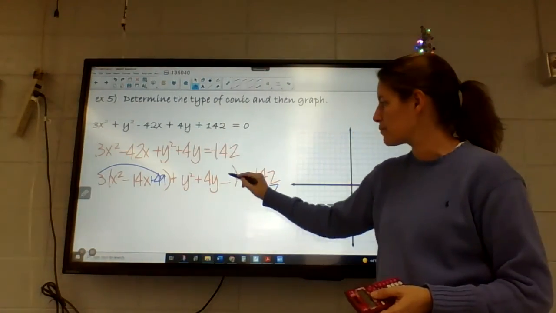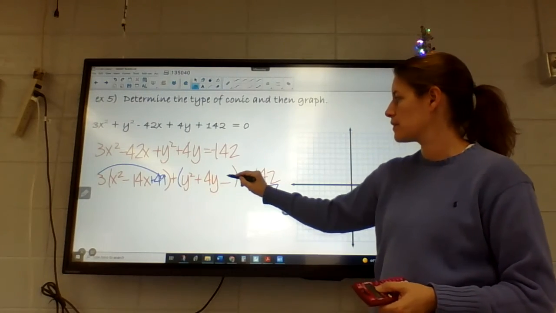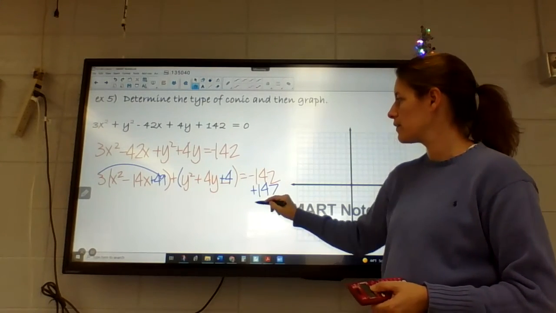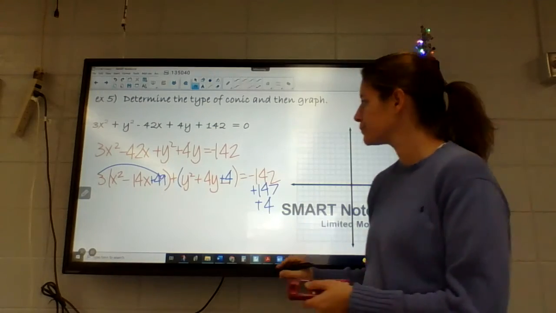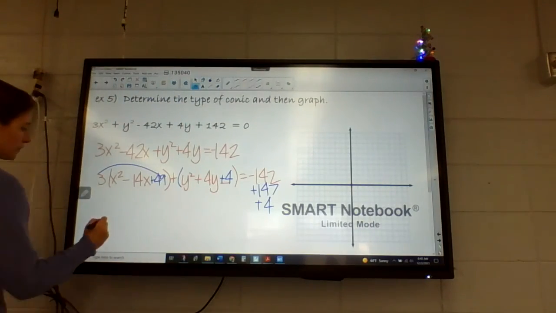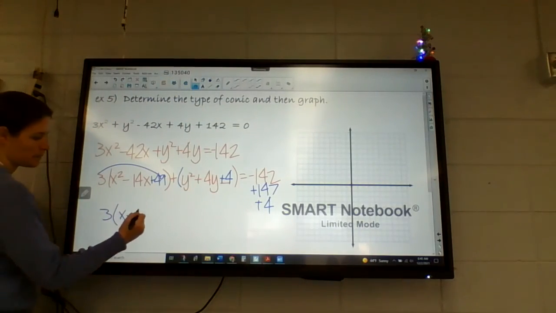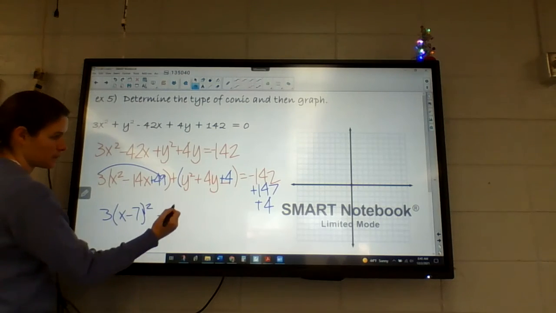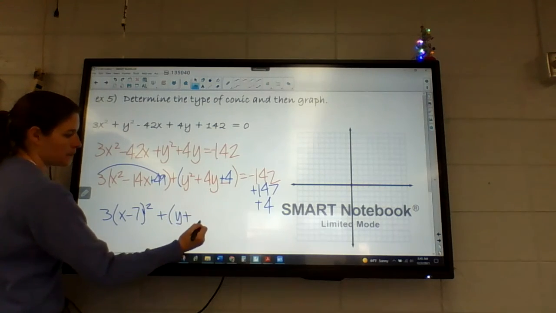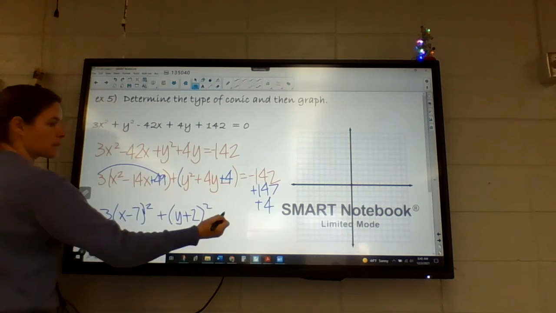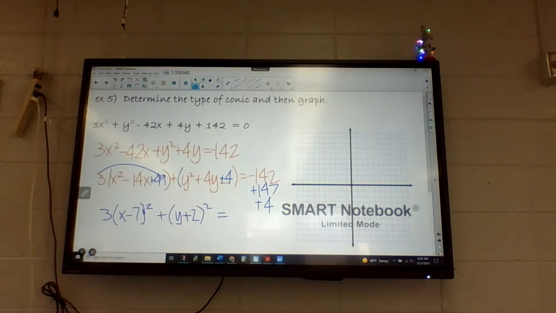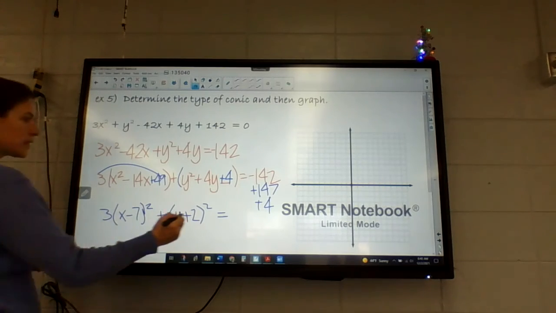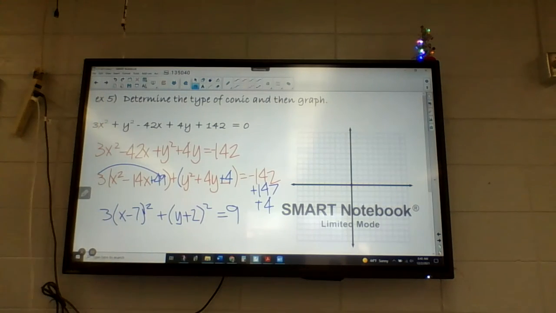Oh, I don't really need that parentheses there, but if you want it. So then this is also 4. End up with 9 here. So then we need that to equal 1.